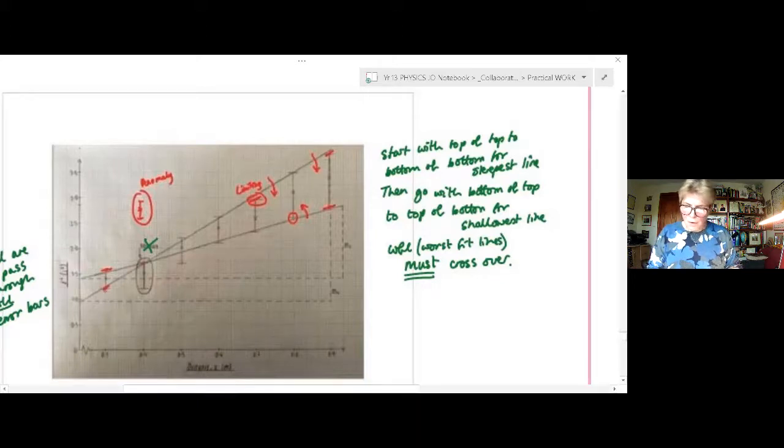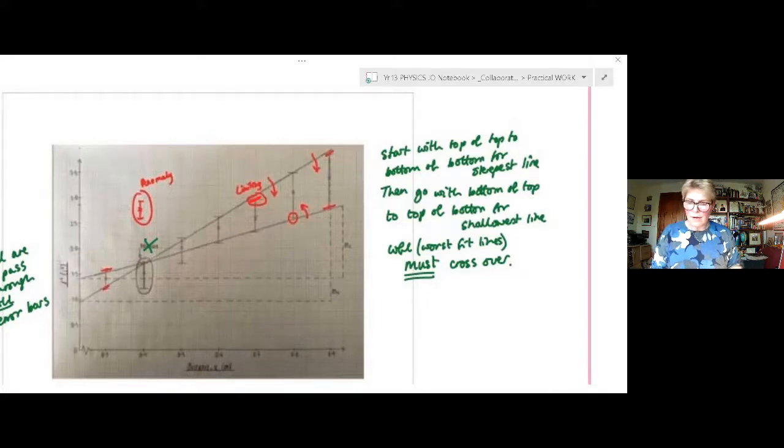And the worst fit line, you take it from the bottom of the bottom to the top of the top, all right? But this one here is the limiting one that you would have to bring the line down to, because both lines should fit through all of the error bars there.